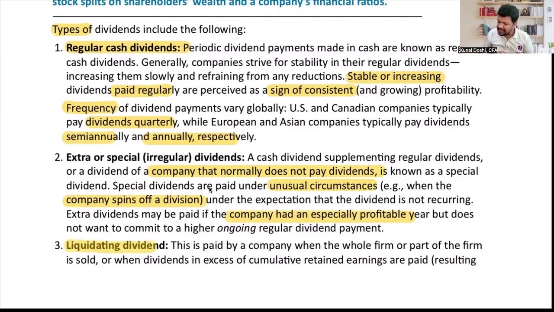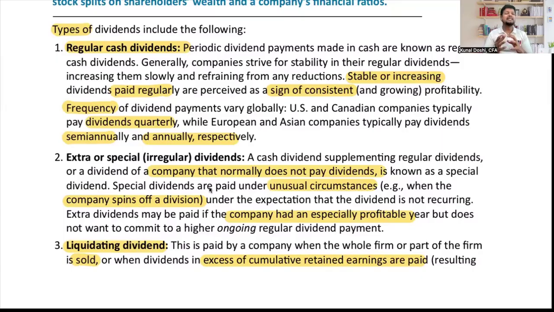The third is a dividend in crisis, that is called a liquidating dividend. This is the dividend given by the company when it is about to be liquidated or sold, when the dividends are in excess of cumulative retained earnings. So basically the company is paying off everything it has.